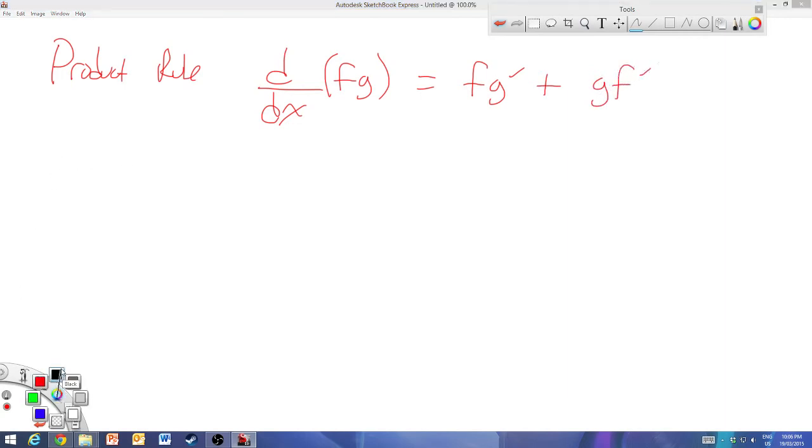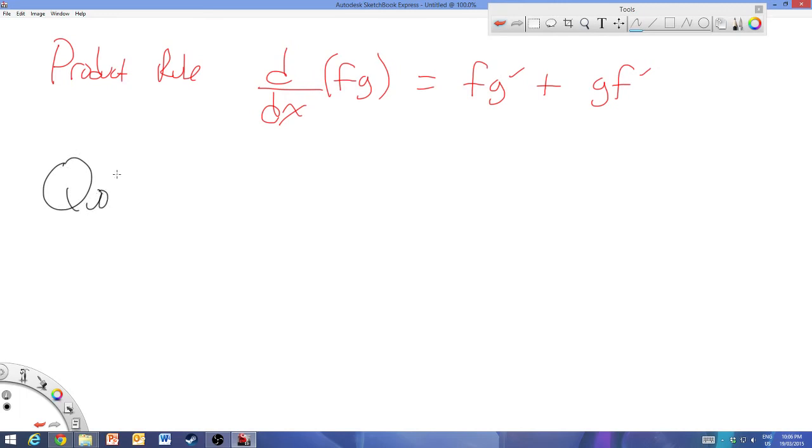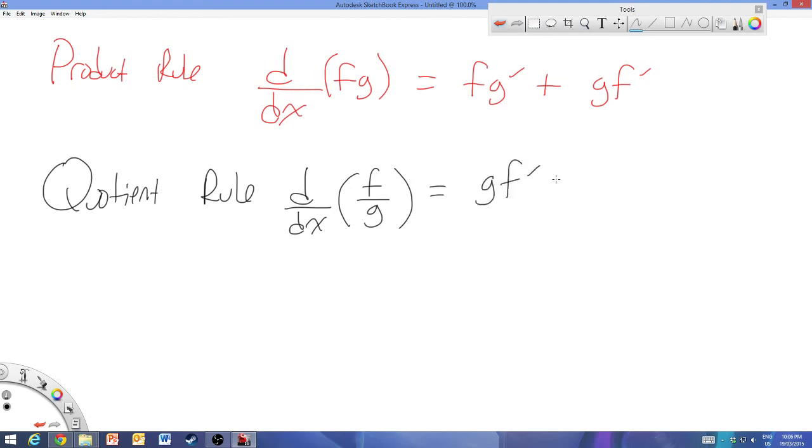And then quotient rule, the derivative of f divided by g is just g times f prime, not plus, minus f times g prime, all divided by g squared.